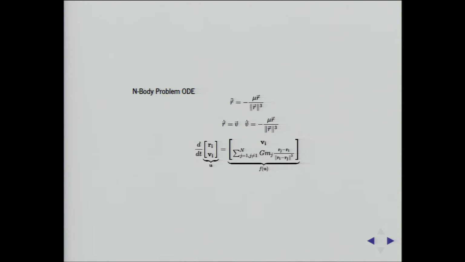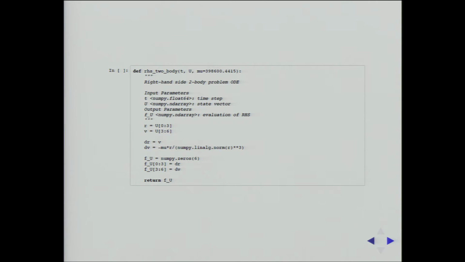As you can see, this is very non-linear because of the dependency on r cubed. So not all integrators are good for this kind of problem. There are integrators that are very good for linear problems, but for nonlinear problems, some of them have some issues.